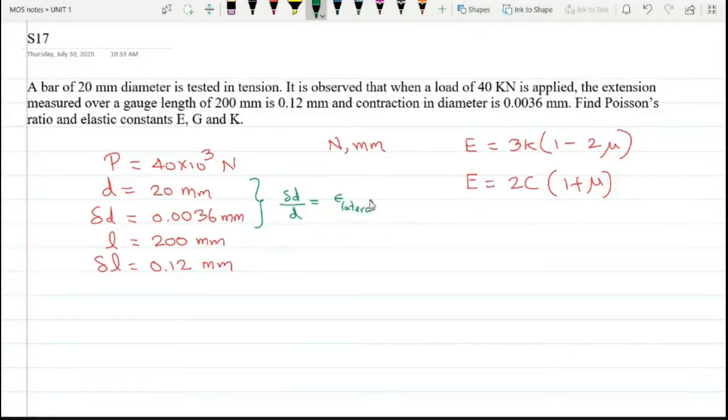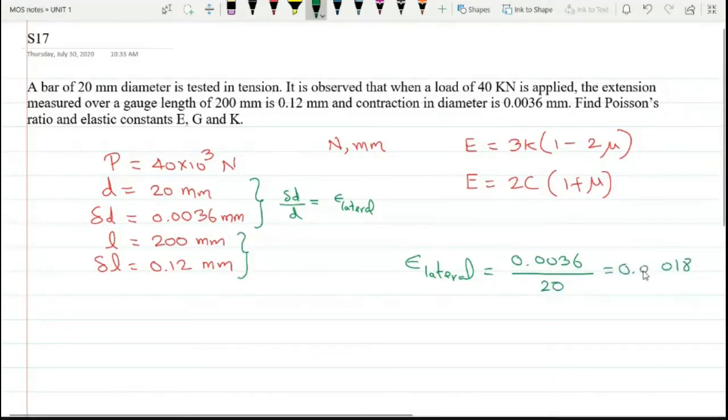So what is your lateral strain? Lateral strain is 0.0036 divided by 20, which is 0.00018.